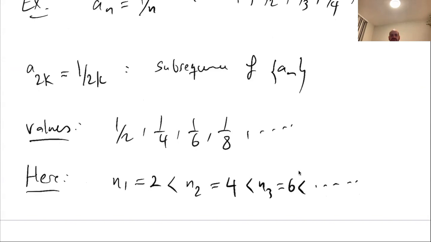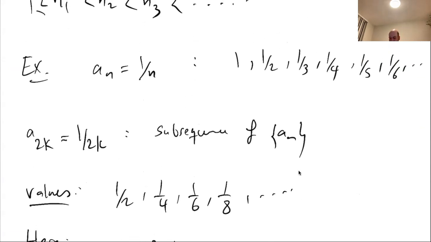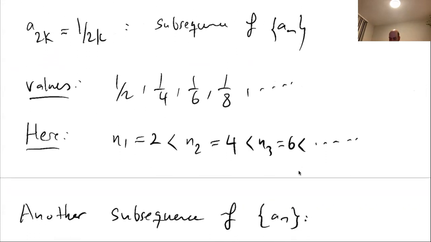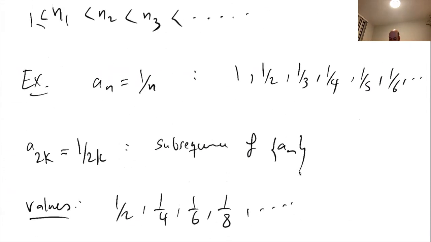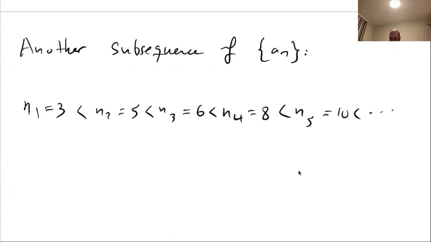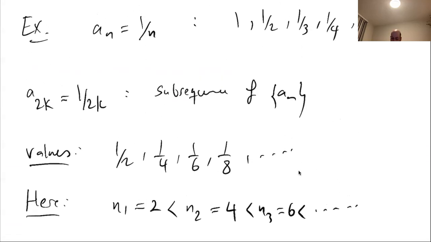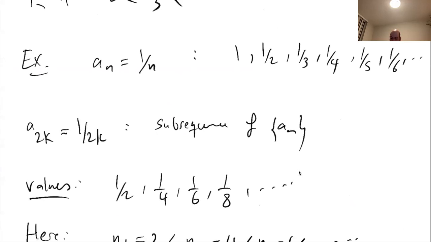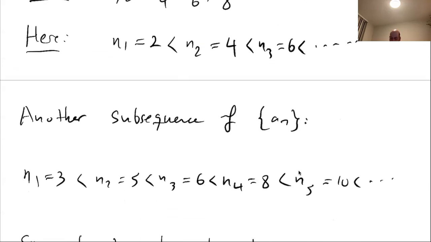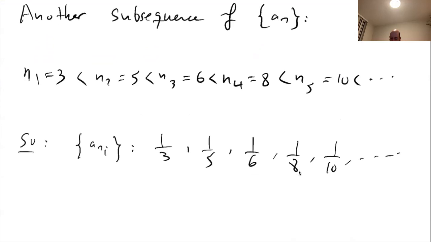So in this case, n1 is 3, so the third element of the original sequence is 1 over 3. So A_ni will be 1 over 3 as the first element, 1 over 5 next, 1 over 6 next, 1 over 8 next, 1 over 10 next, and so on. So the first index is the third index of the original sequence, then the fifth index, then the sixth index, then the eighth index, and so on.